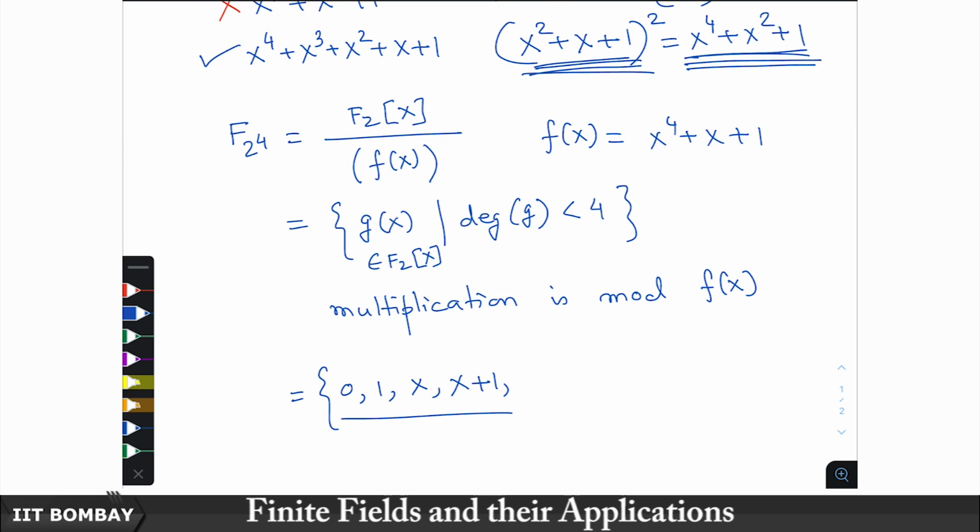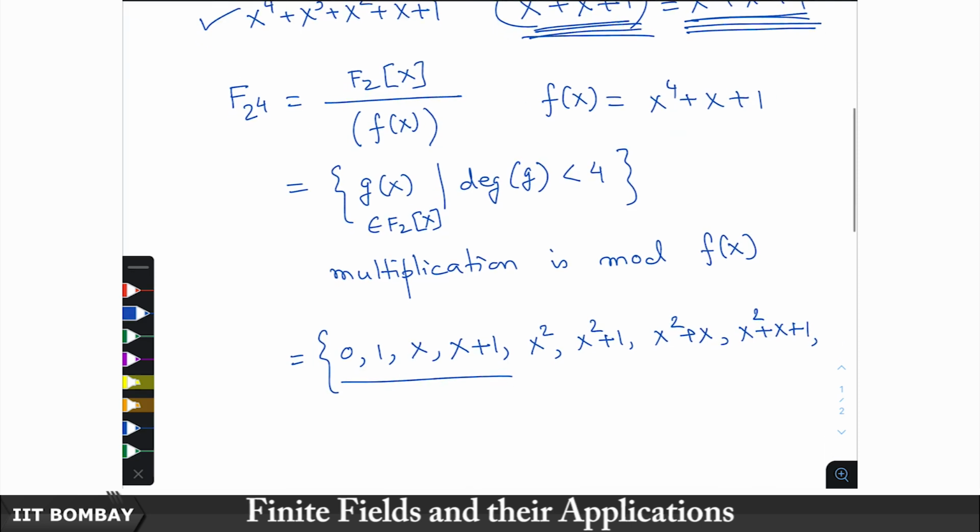Then degree 2 polynomials, we can take each of these 4 elements and add with x^2, then we will get 4 elements of degree 2: x^2 + 0, x^2 + 1, x^2 + x, and x^2 + x + 1.